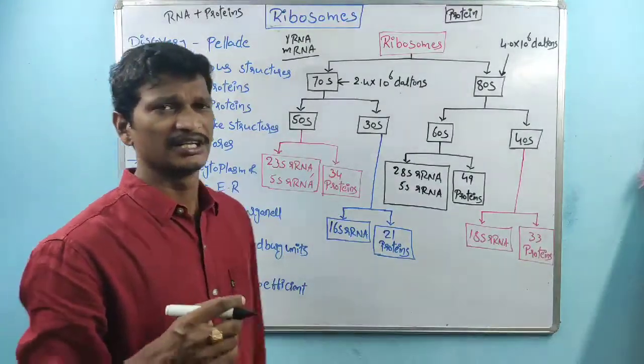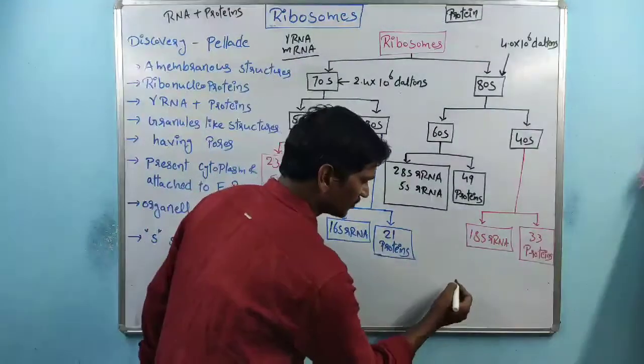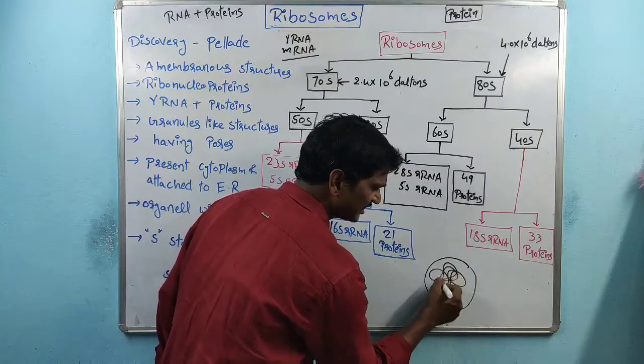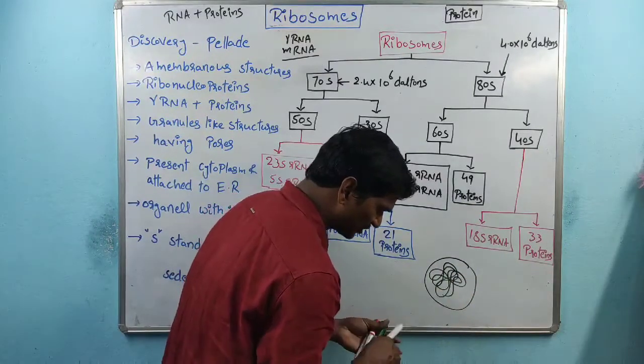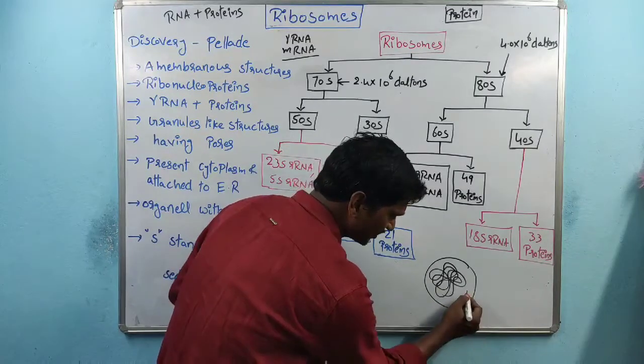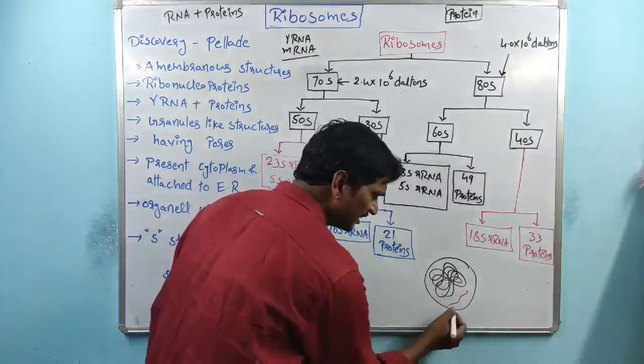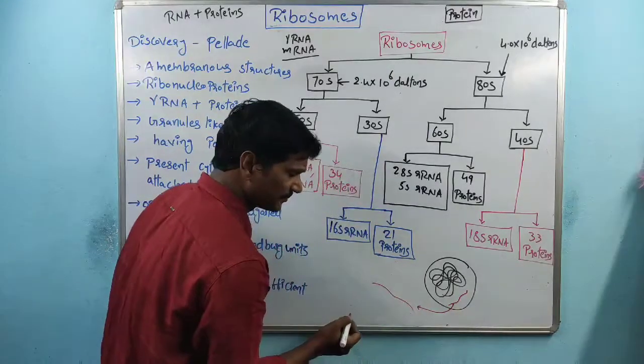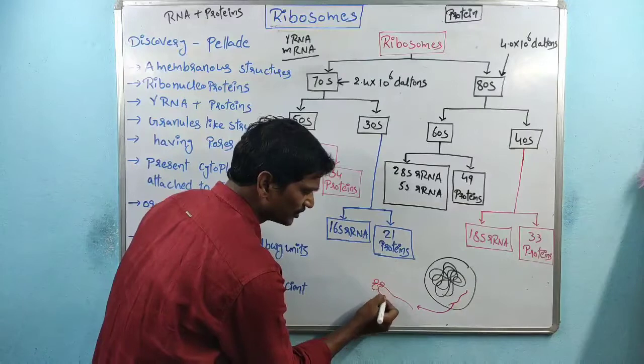For example, this is a eukaryotic cell nucleus. It contains the DNA, right? The DNA produces the mRNA. That mRNA is transported from inside the nucleus to the cytoplasm, and it is involved in protein synthesis.